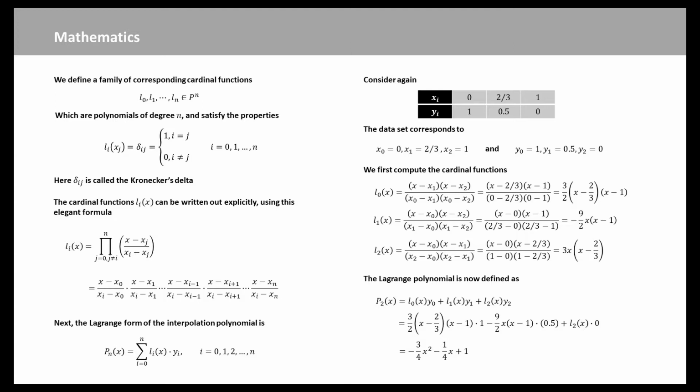After plugging in the numbers for the data values and the cardinal functions, after some work, you will get negative 3/4 x squared minus 1/4 x plus 1. If you go back to see the example we had in the previous example, using two different constructions, we end up with the same polynomial that interpolates the data.